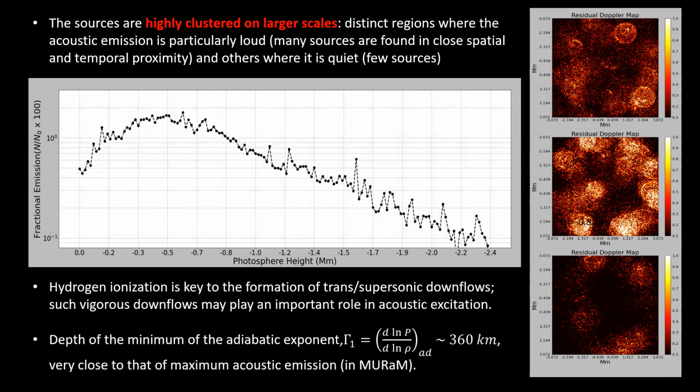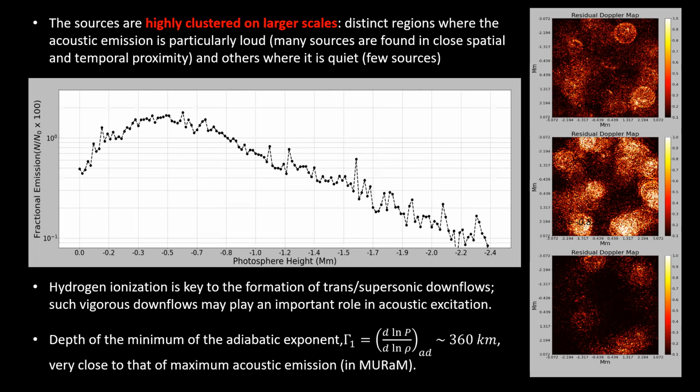And these downflows happen because here the hydrogen ionization reaches 50%. And because all of the energy is going to the ionization, convection becomes really inefficient. And suddenly the entire plasma starts to drop really fast. And that's why we see lots of supersonic downflows at this height.